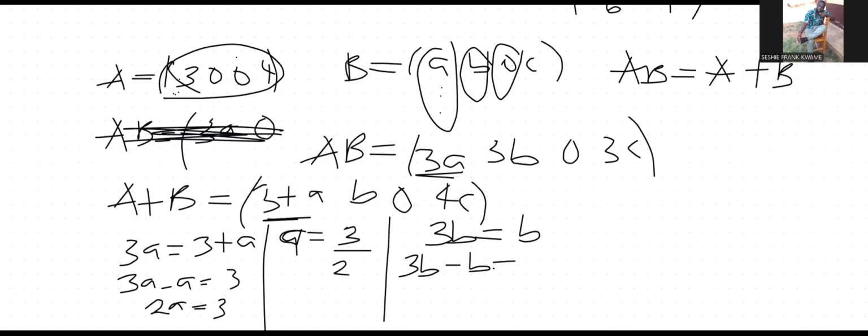So 2B is equal to 0. Divide both sides by 2. So B is 0. Then 4C is equal to 3C. And 3C is equal to 4C.